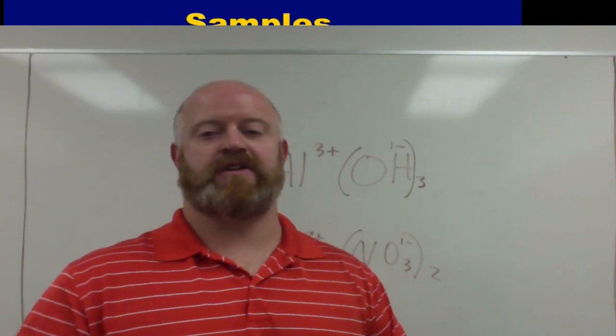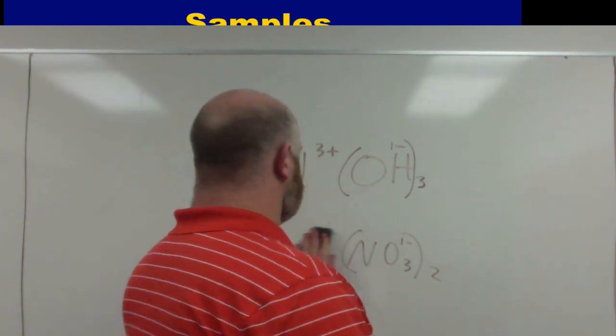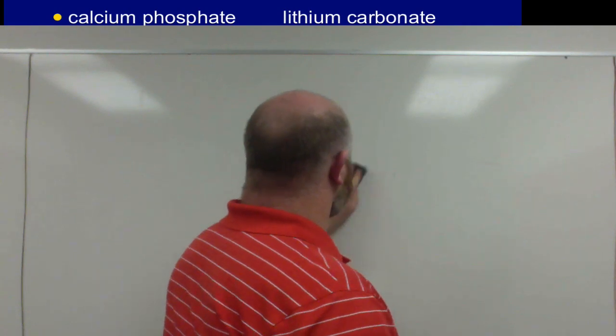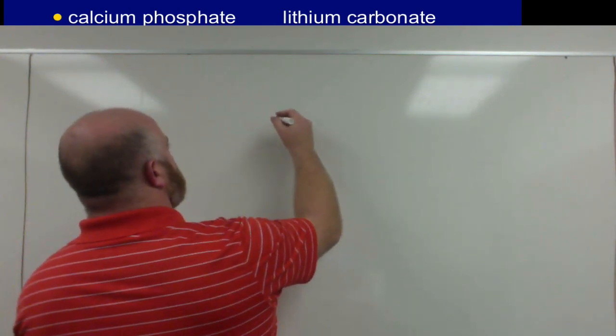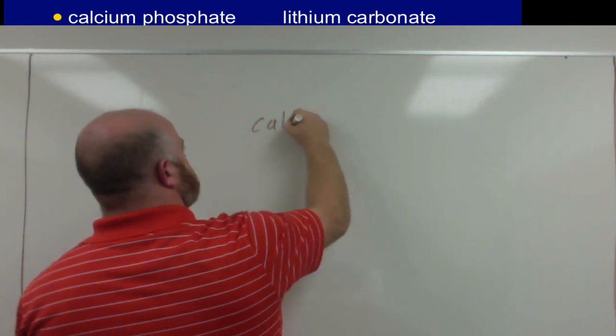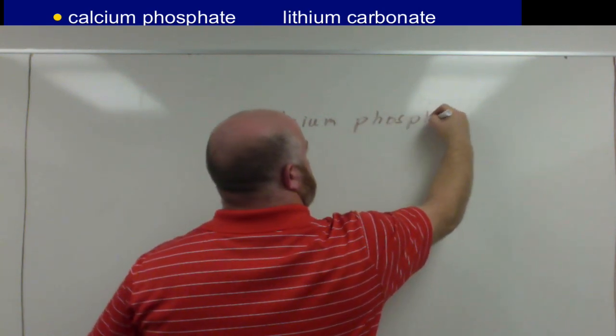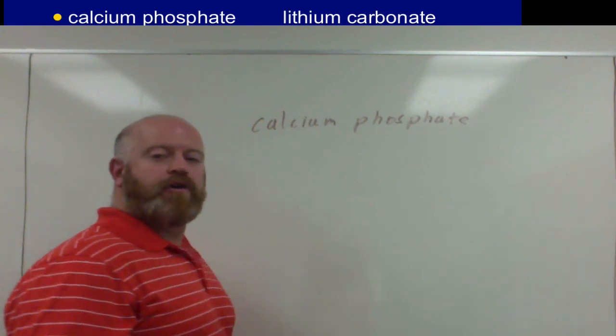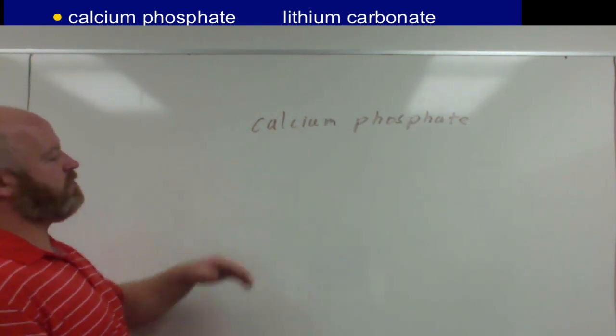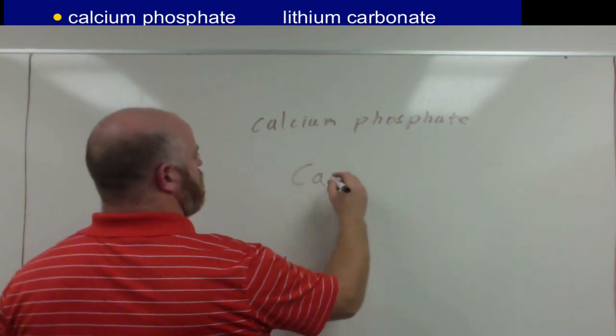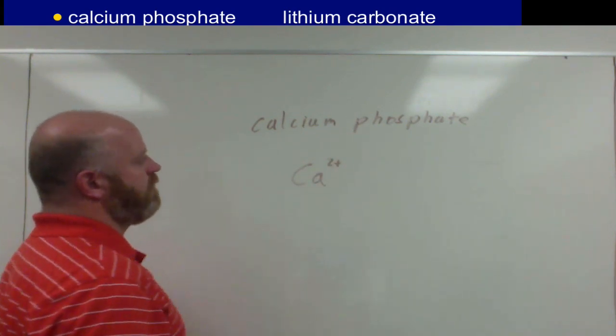So let's do calcium phosphate and lithium carbonate together. So calcium phosphate, following our same rules, we write down calcium, which is Ca. It has a charge of 2+.